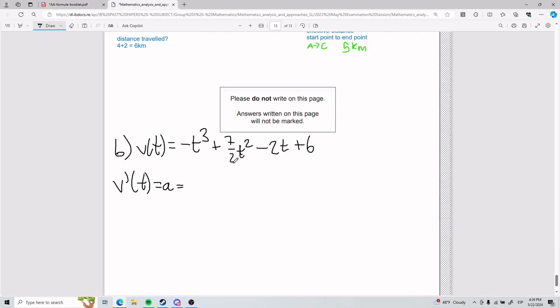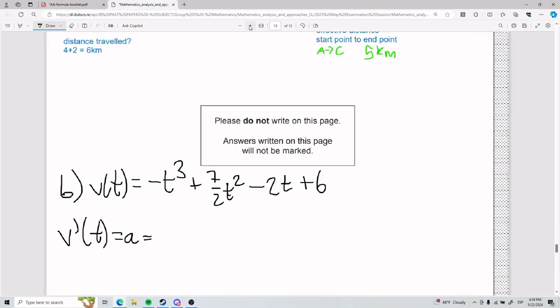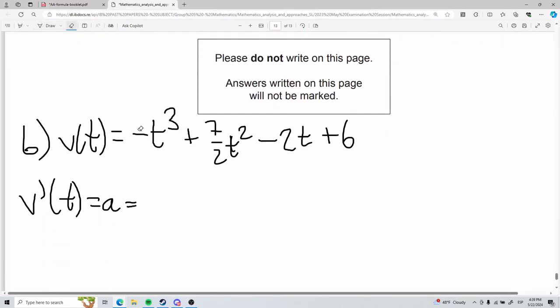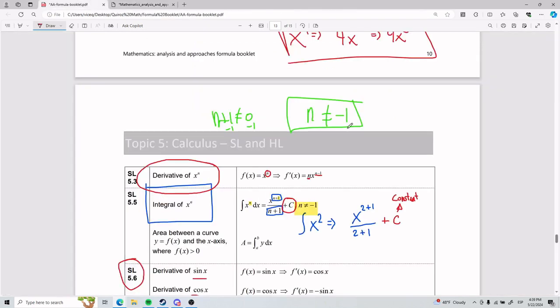If I go over here for this first term, technically there's a negative 1 here, okay? And so you end up with negative 1 times 3, because the exponent went down in front, times t to the power of 3 minus 1, because you need to do a minus 1 to your exponent.